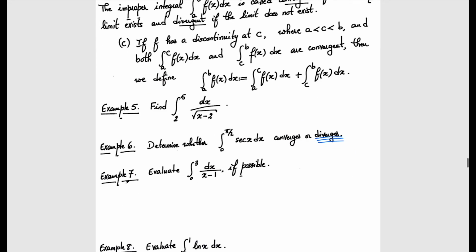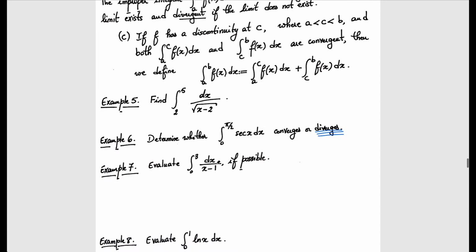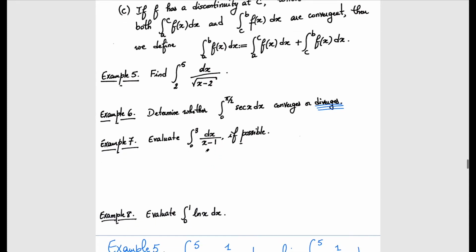So we did example 7. This one. By the way, if we made the following mistake, if we didn't pay attention and didn't realize that this function 1 over x minus 1 has a discontinuity at 1, we could have made the following erroneous computation. This is wrong, okay? I'm going to write it and then erase it.